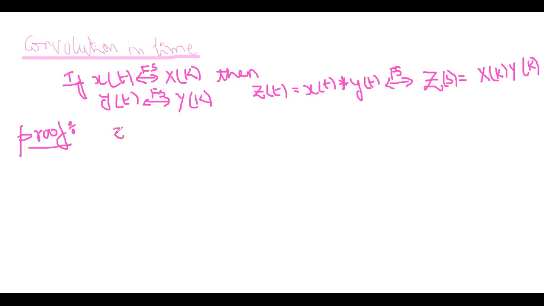This is saying that z of s is equal to, sorry, it is not the s, it is the k value, my dear students. z of k is equal to 1 by T, the integral over T, z of t, e power minus jk omega naught t.